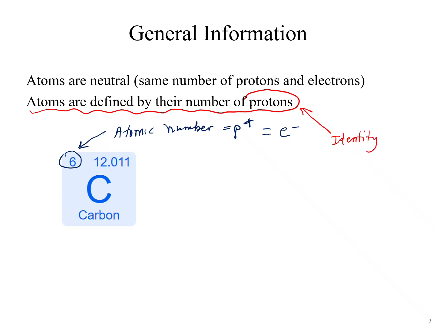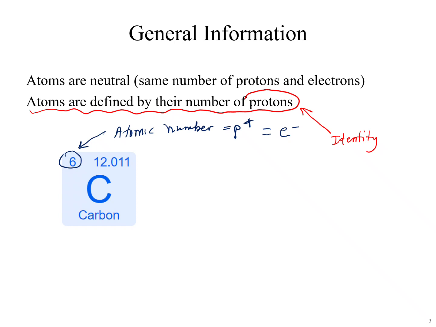The number of protons, which is the atomic number, is actually giving you the identity of an element. When we look at the periodic table, each element has a different atomic number. Hydrogen is 1, and then we have carbon 6, nitrogen 7, helium number 2.